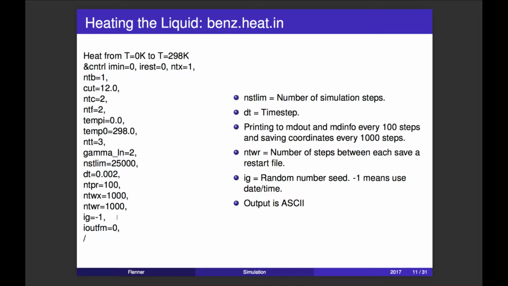That's what this -1 is telling it to do: use the date and time to create a unique seed, and then seed the random number generator, which creates these random numbers. Output format 0 means the output is ASCII, so you can read it. To save space, people will use binary output, but that's not human readable. You have to have a program read it.